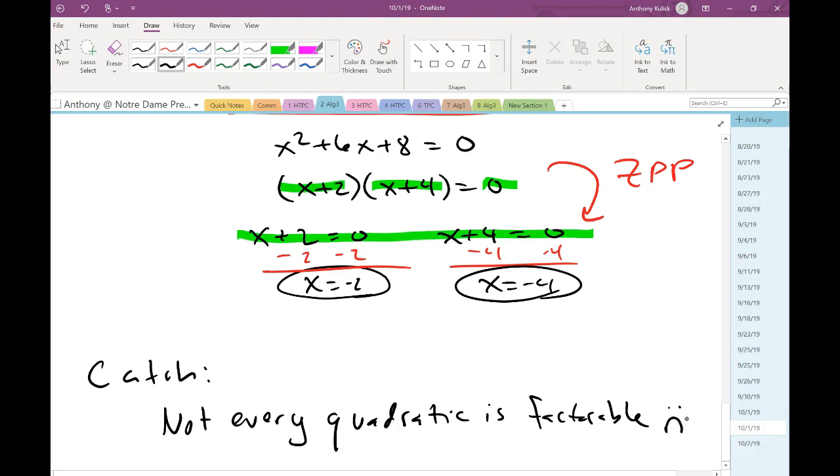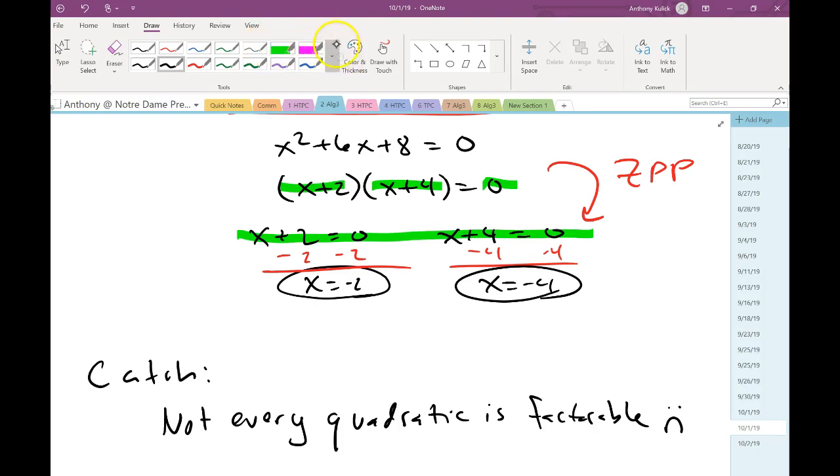So the catch with solving by factoring is that you can't do it all the time, right? There's some things that I can't solve by factoring. Although it's a pretty easy procedure, it's pretty fast. If you can factor effectively, this is a pretty effective solving method. The catch is that it doesn't work every single time. There are some quadratics that we can't factor.